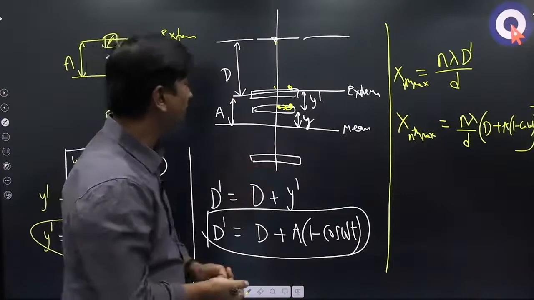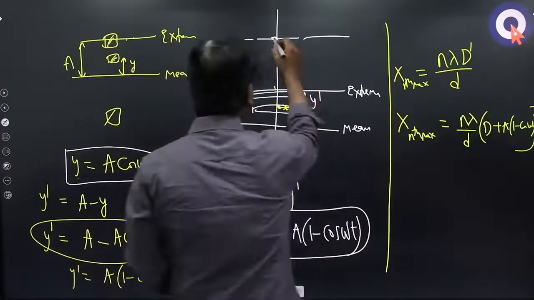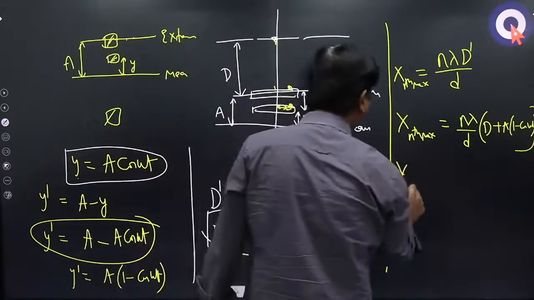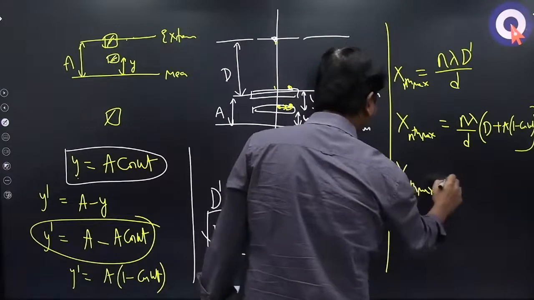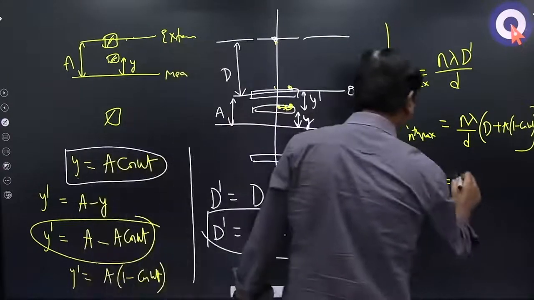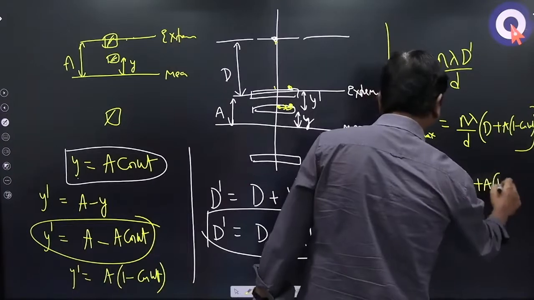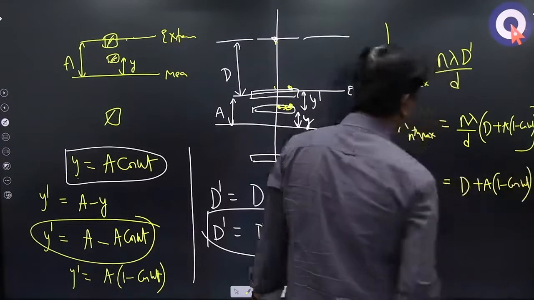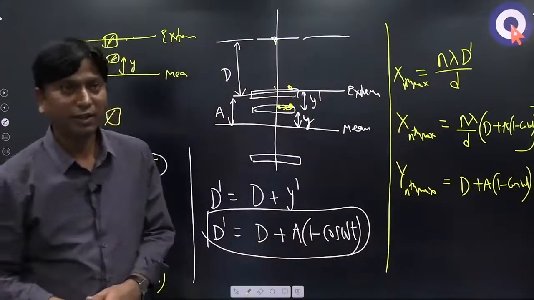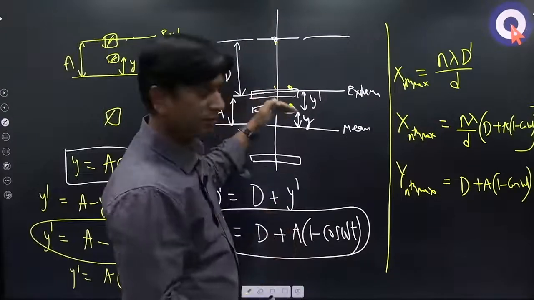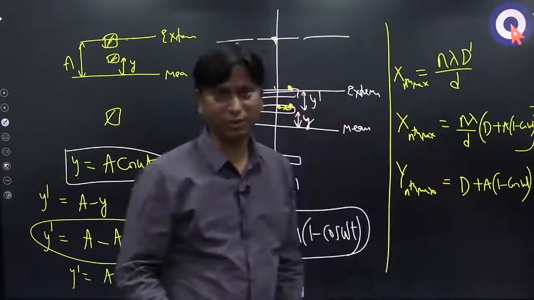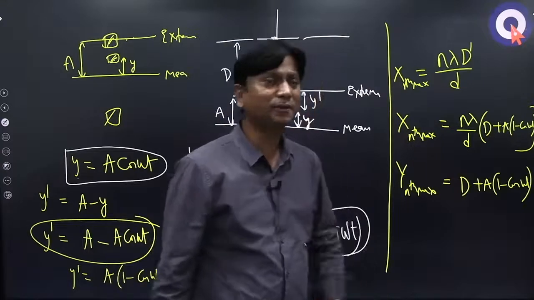Similarly, the y coordinate of the nth maxima will always be from here, so you can directly write D plus A into 1 minus cos of omega t. That's all. Of course, if it is below, then you just put a minus for the total. Hope this is clear, right?